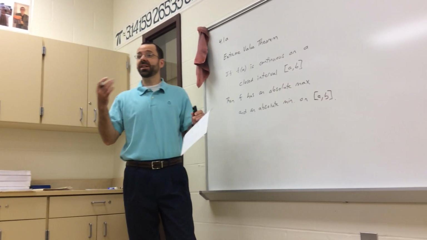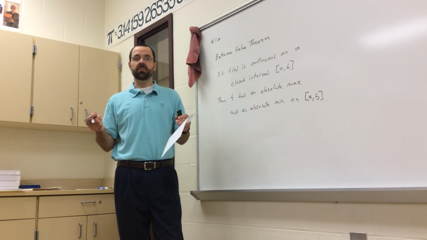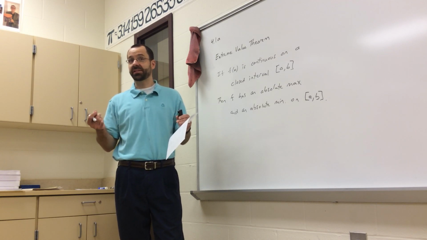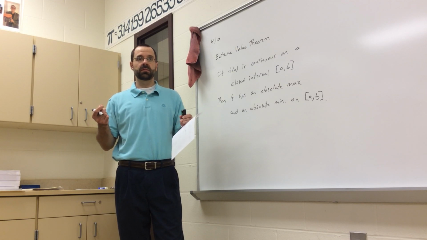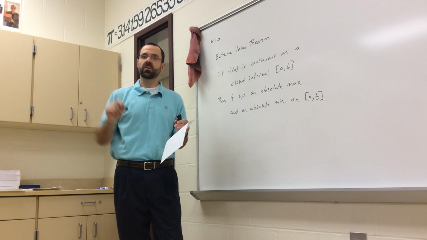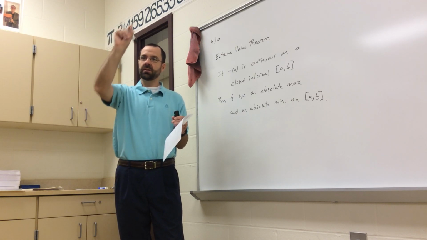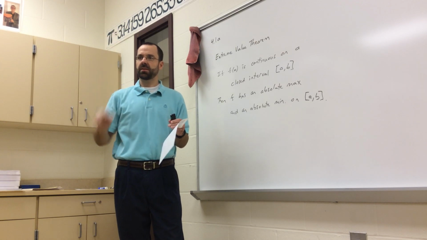Okay, so you might remember yesterday we had a couple of graphs, example 1 and example 2, that didn't have absolute maxes. Remember, the first one had the point at the top with the open hole, and then the second one was just a straight line that had the hole at the top.